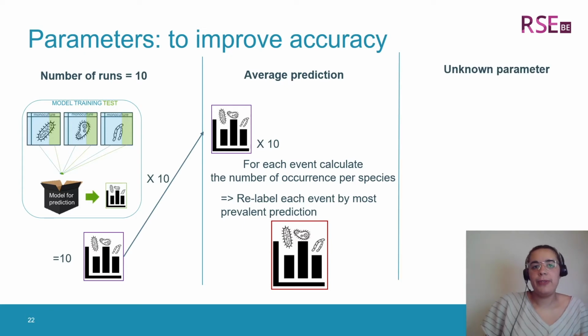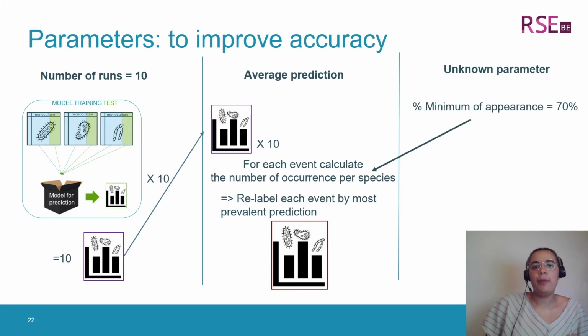With these two former steps, we develop the unknown parameter. Because sometimes the species clouds are overlapping, it is hard for the program to decide which event belongs to which species, and it results in a high false positive value. So when we count the occurrences per species for each event, we can define a minimum of occurrence, for example, 70%.